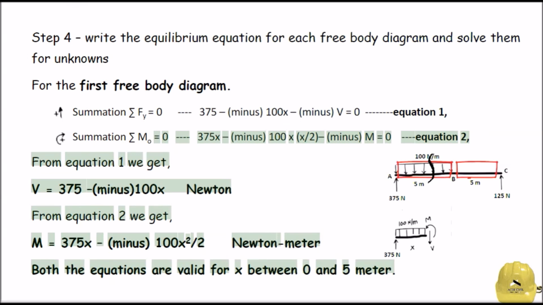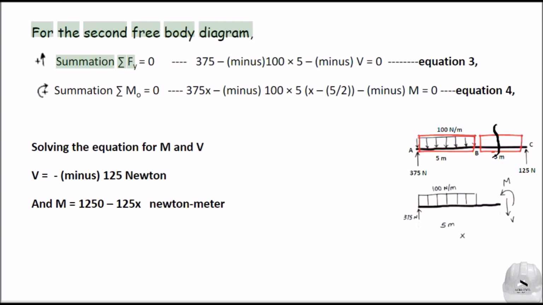From equation 1 we get V equals 375 minus 100x Newton. From equation 2 we get M equals 375x minus 100x²/2 Newton meter. Both equations are valid for x between 0 and 5 meter.